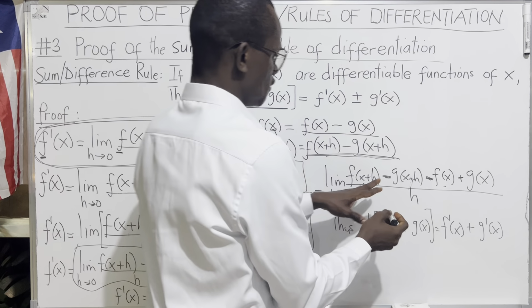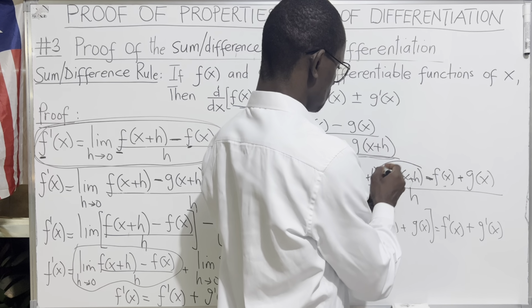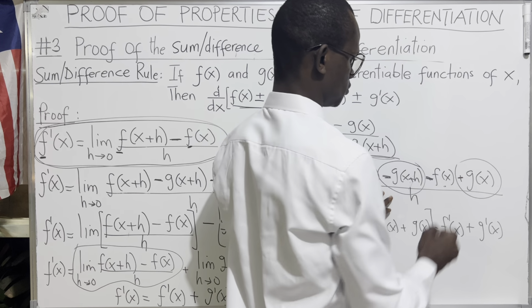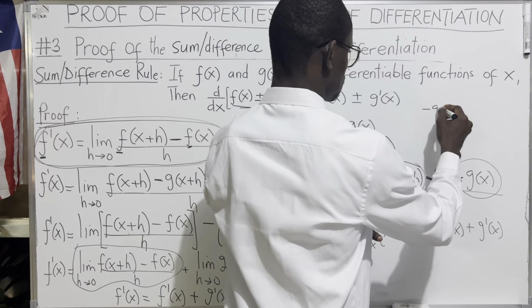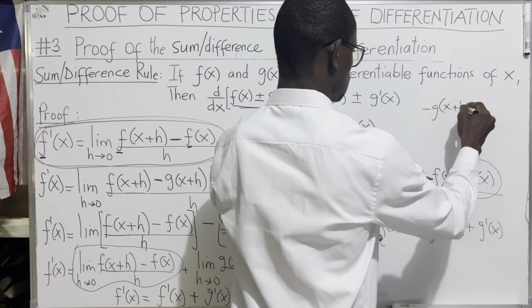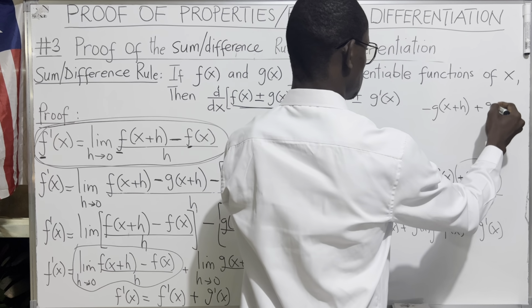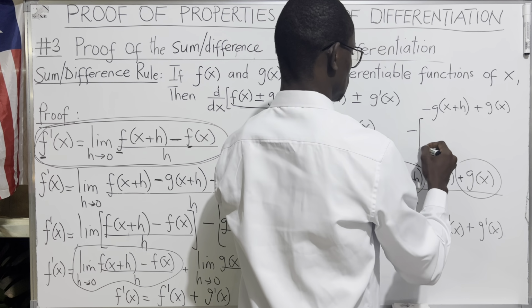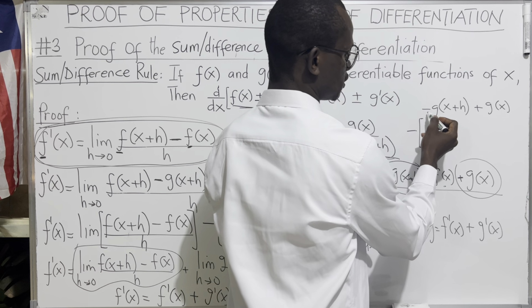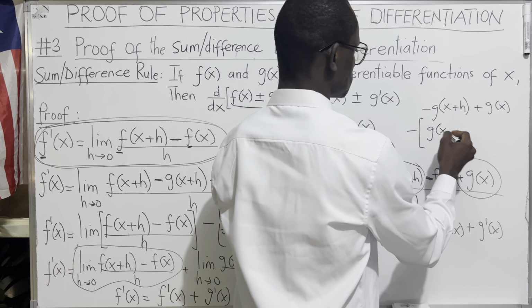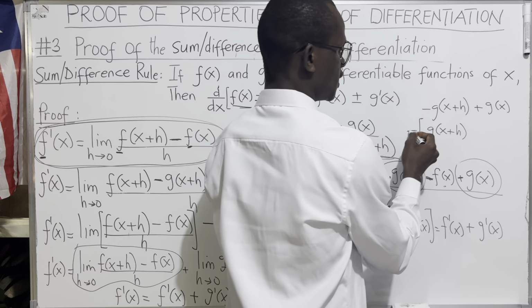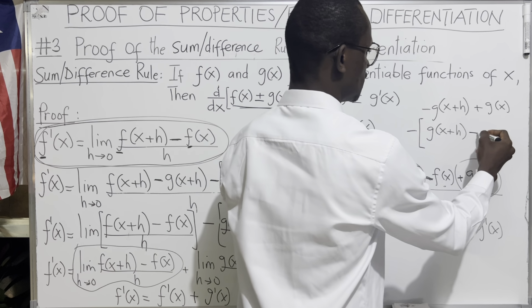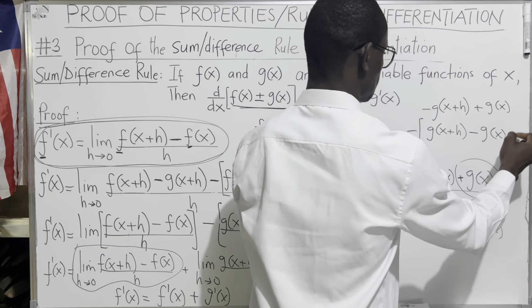If you're dealing with this term and this term, it's like you have negative g of x plus h plus g of x, and you want to factor out a negative. It means negative times this negative is positive, so this would be g of x plus h, and then negative times this positive is negative, so it will be negative g of x.